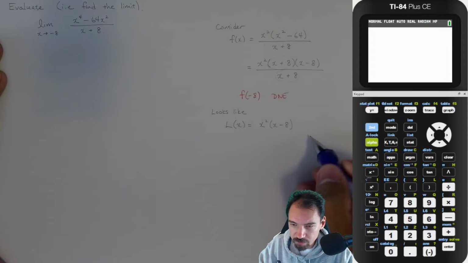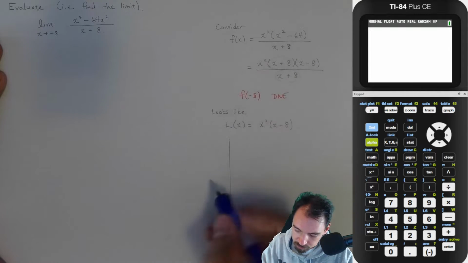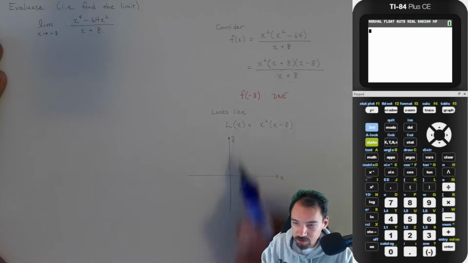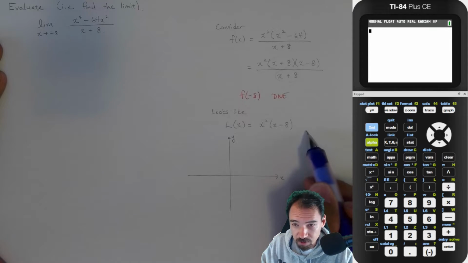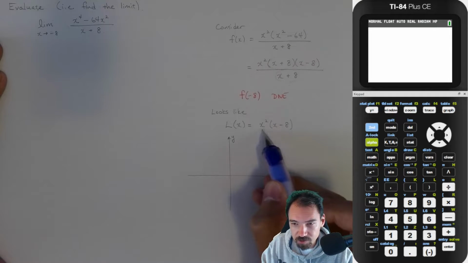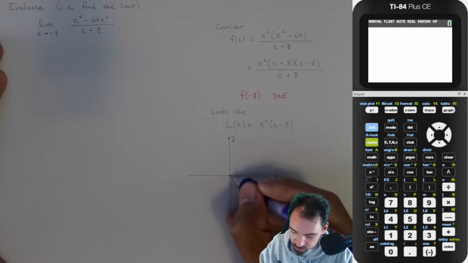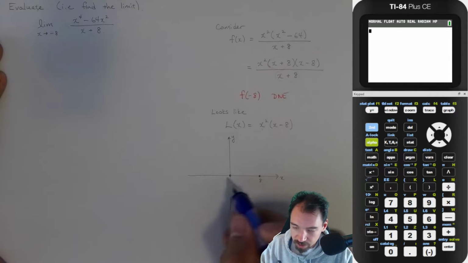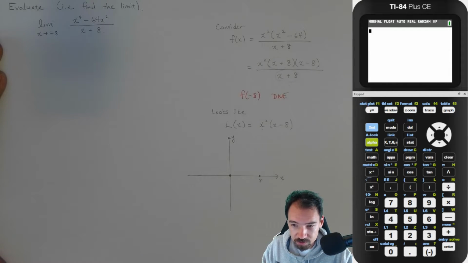And so we can graph this sort of by the method of roots. We say, all right, well, where does this thing equal 0? Oh, it's when x equals 0 and where x equals 8. So I understand where x equals 0 and where x equals 8, I have the x-intercepts.